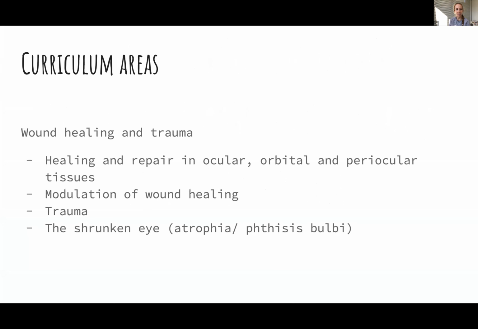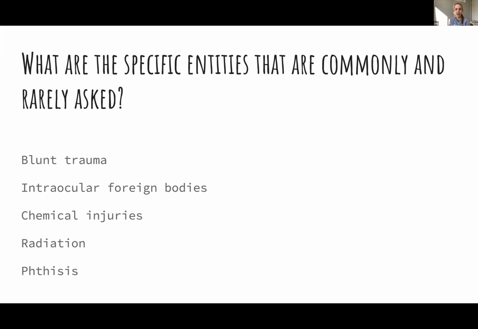They're talking about healing and repair in ocular, orbital and periocular tissues, and also modulation of wound healing, trauma, and the shrunken eye. The specific entities that were commonly asked were blunt trauma, intraocular foreign bodies, chemical injuries, radiation, and phthisis. And they all came up quite a lot. They've all been asked about 4 times. So I guess that'd be the ones to focus on.